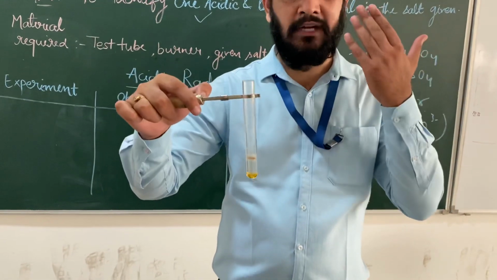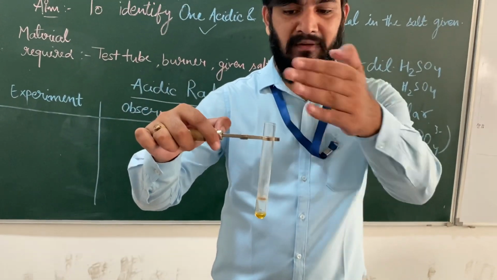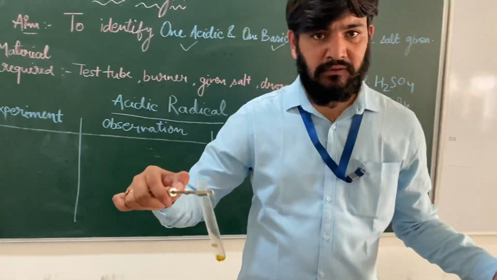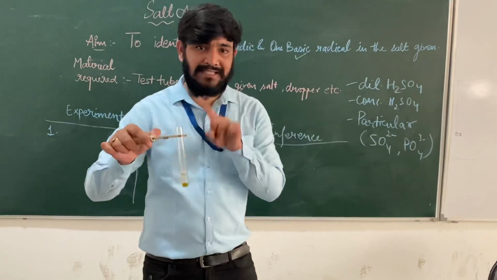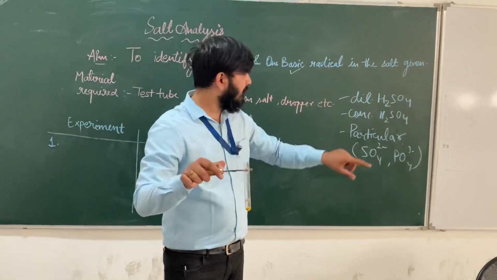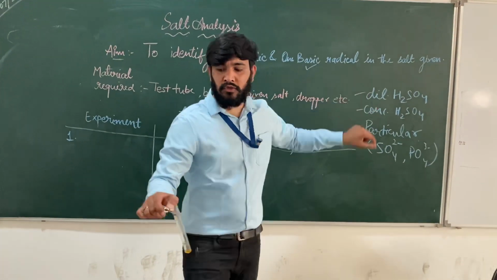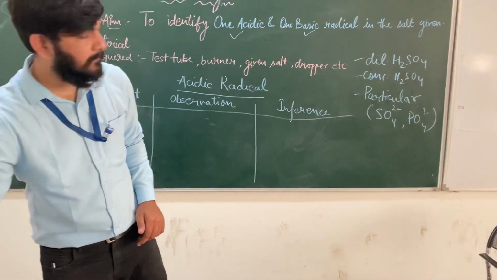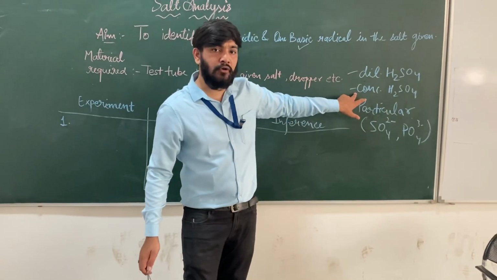Don't smell it by putting it near your nose. It should be a very light smell. If it is not going to give you anything, that means this anion is not tested by dilute H2SO4. So the second part of the reaction is you have to move with concentrated H2SO4.